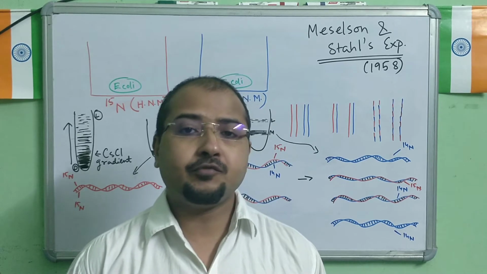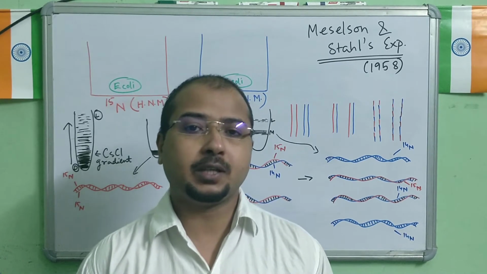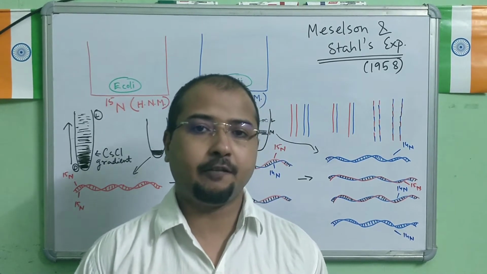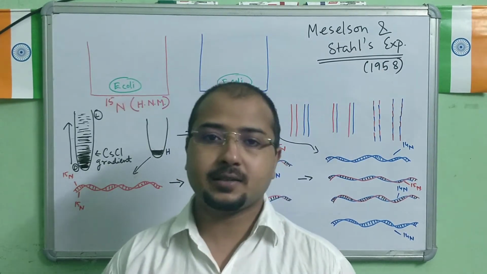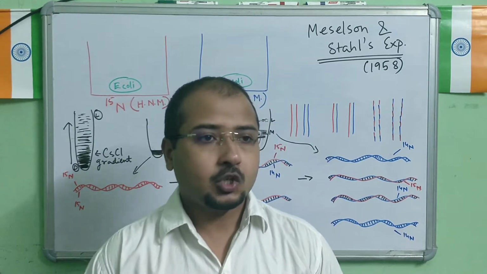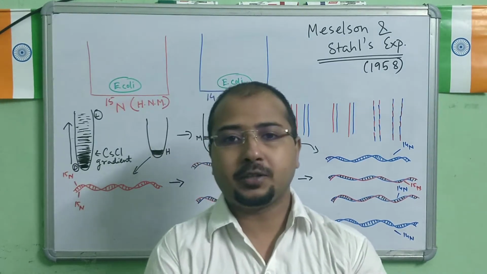Now in this video I will continue with the next experiment given in your syllabus, that is the Meselson and Stahl experiment. Let me give you a brief idea about the experiment first.